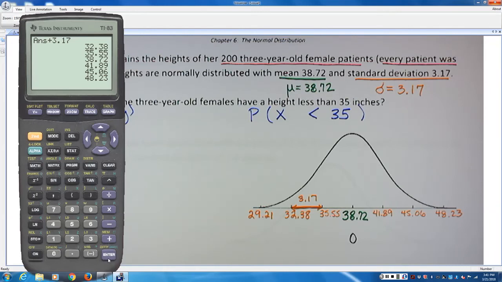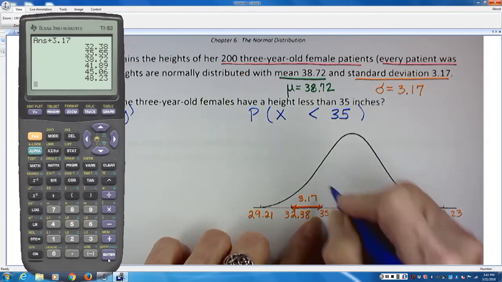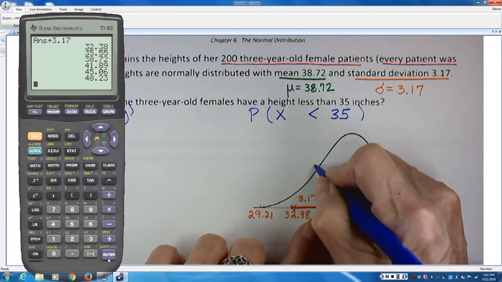Okay, we always want to try to think about what this means in context. Now, as for the ones that have a height that's less than 35 inches, 35.55 is right about here. So 35 inches exactly would be a little bit to the left of that.